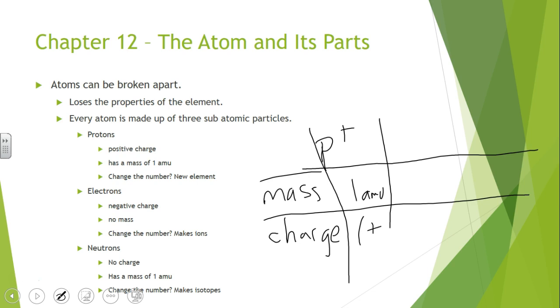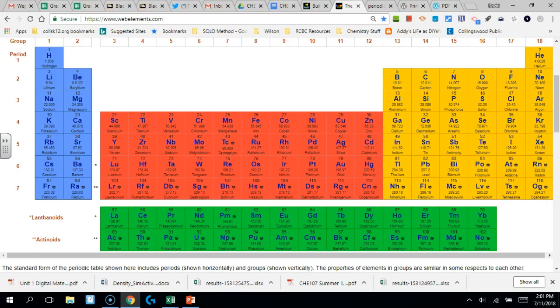Let's talk a little bit more about protons, because a proton is what defines the element. I'm going to call up a periodic table, and we can see that there are 118 elements.